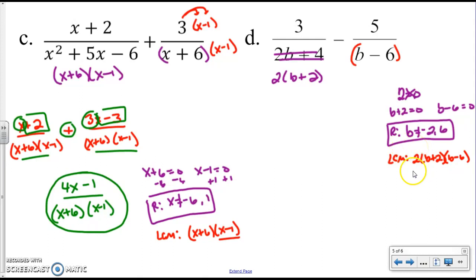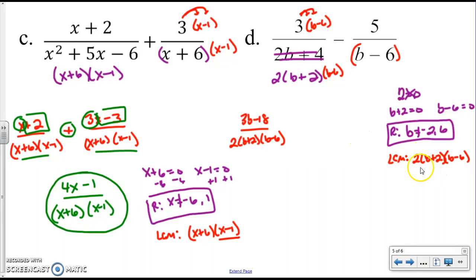Looking at my first fraction, I have 2 and b plus 2, so I have that part. But I don't have b minus 6 in there yet. So I'm going to multiply both the top and the bottom by b minus 6. So I get 3b minus 18 over 2 times b plus 2 times b minus 6.